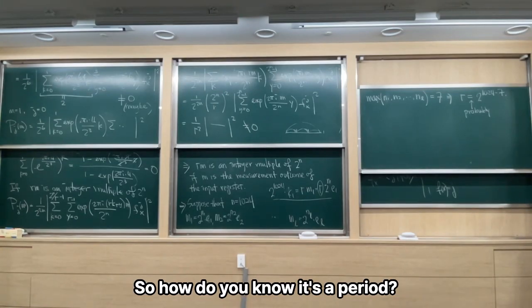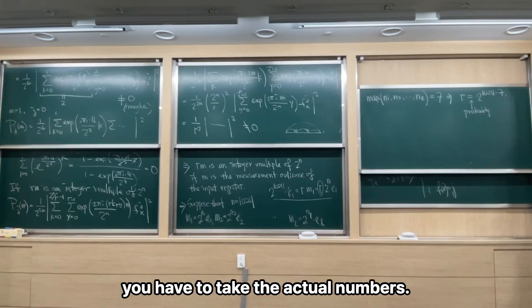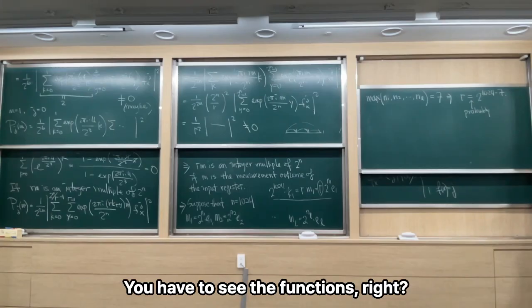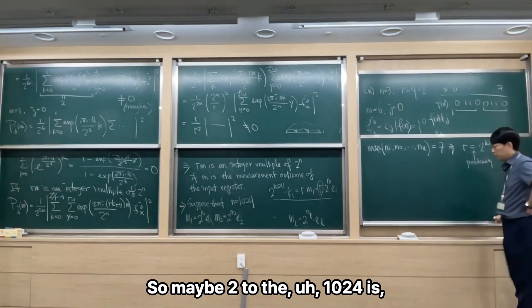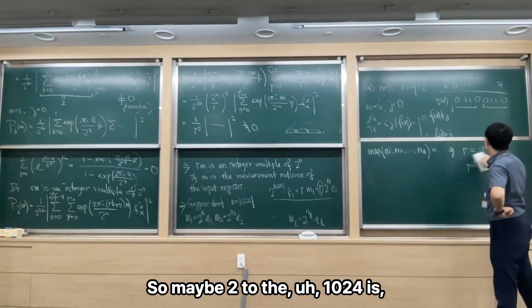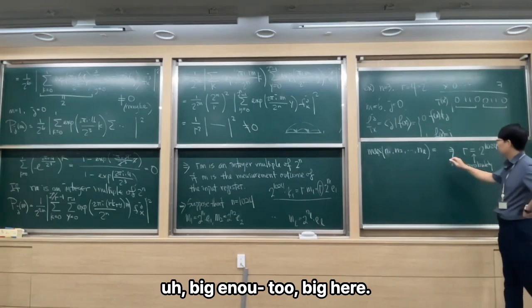So how do you know it's a period? How do you know it's actually a period? Well, you have to take the actual numbers. You have to see the functions, right? But in this case, I think I kind of exaggerated. So maybe 2 to the 1024 is too big here.